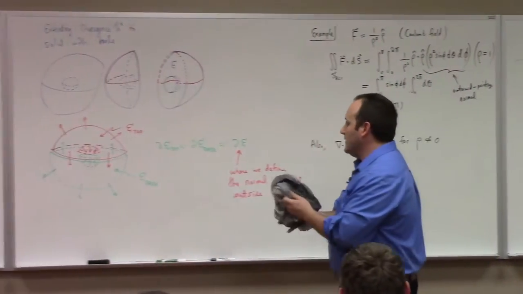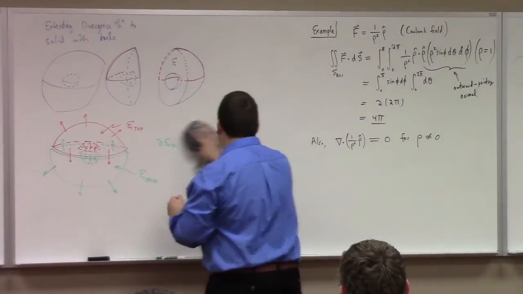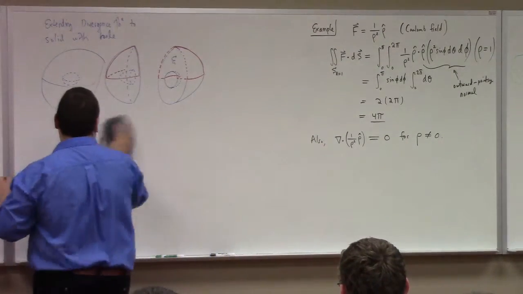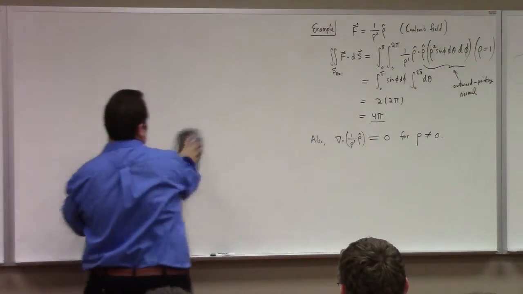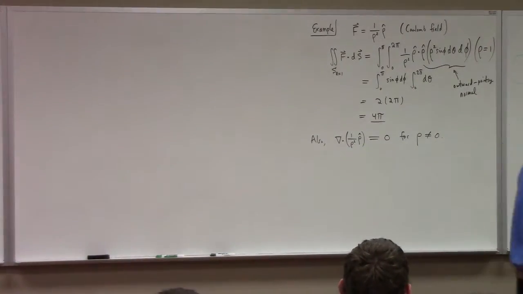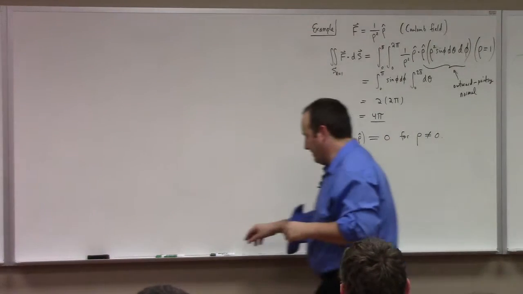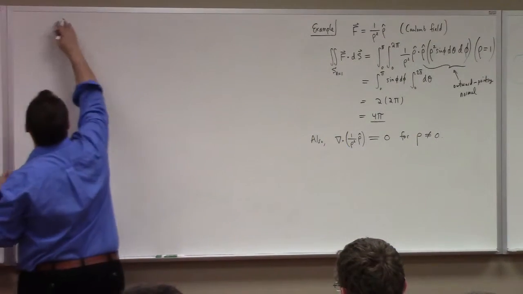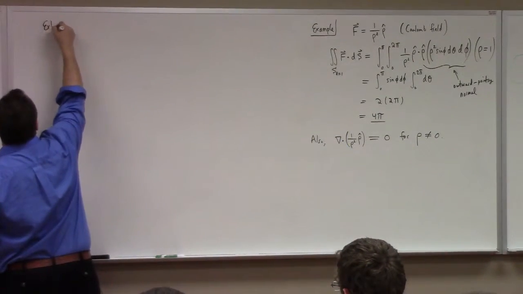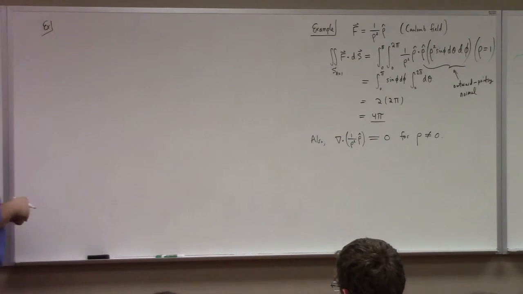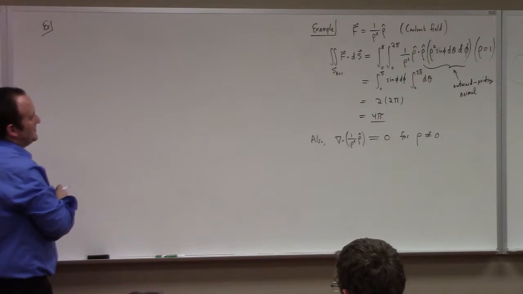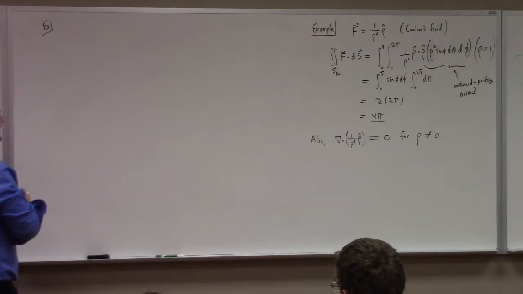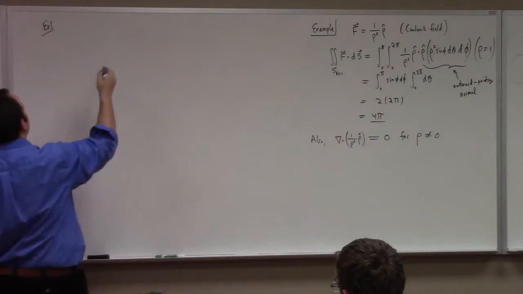Okay, so let's look at another example of the divergence theorem. I like this example. There's an example in my notes with a staircase, which I think is really kind of amazing. Fine, I'll do it.